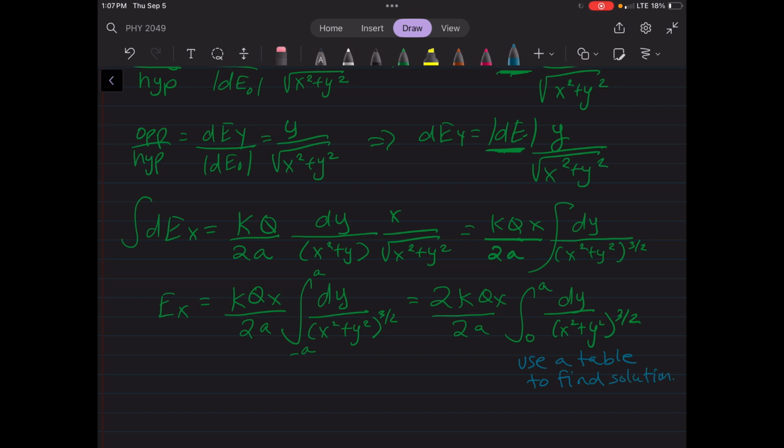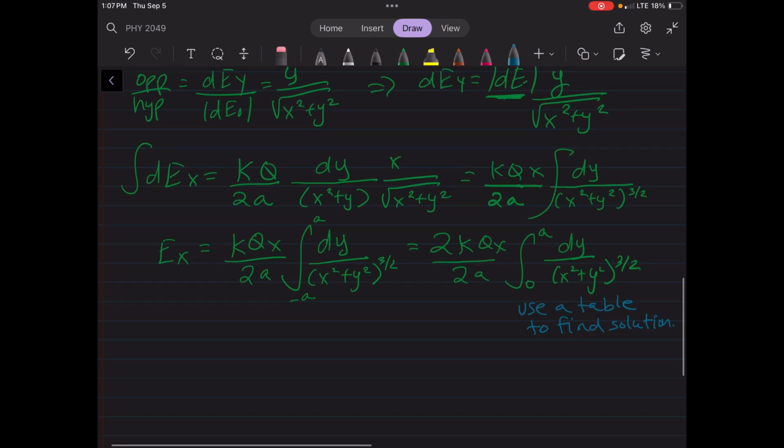If you look at the back of your book, in the second appendix, you will see a table of integrals, and this one will be there, but written in slightly different variables. So the table integral in the back, if I remember correctly, is dx over x squared plus a squared to the 3/2 equals 1 over a squared, 1 over the square root of x squared plus a squared.